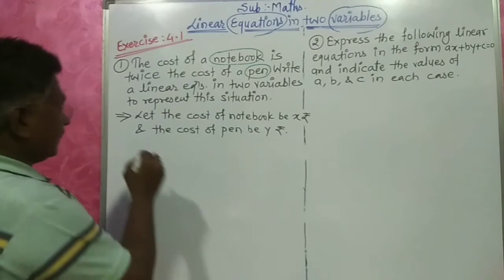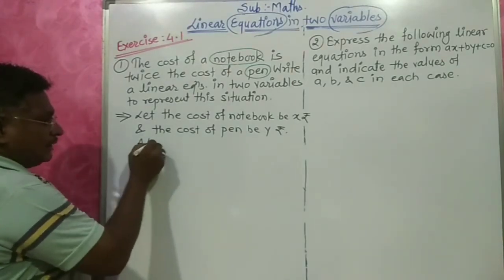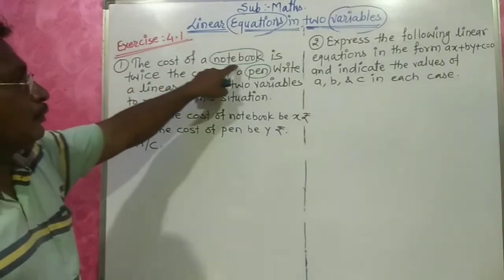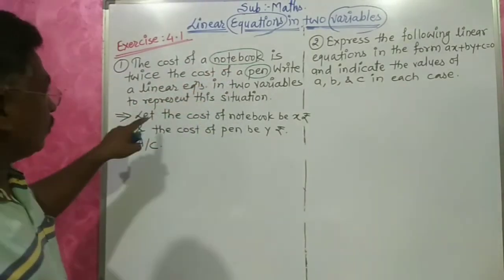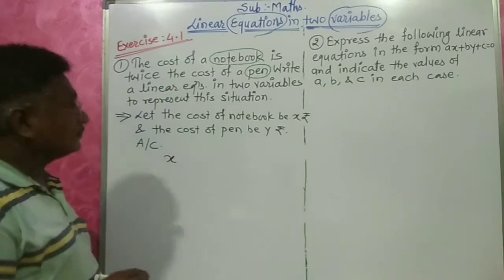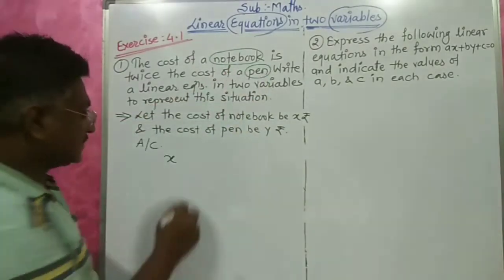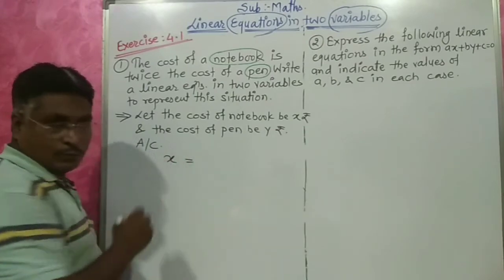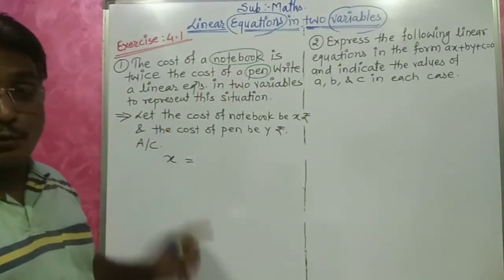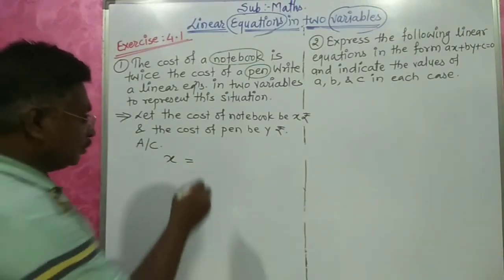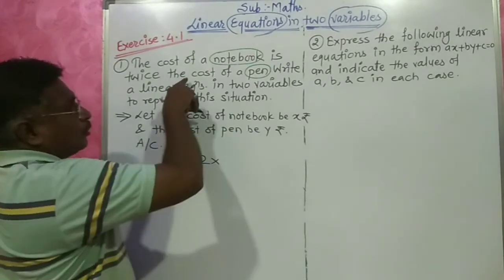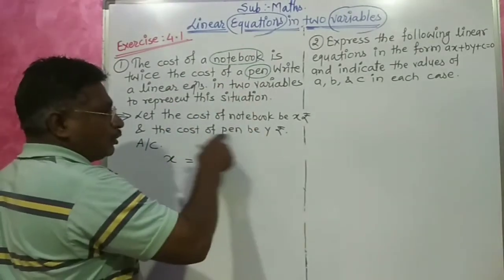Okay. Then the condition. According to the condition, what is the cost of notebook? X rupees. X is equal to twice the cost of pen. Twice means two times, so 2 into the cost of pen. What is the cost of pen?